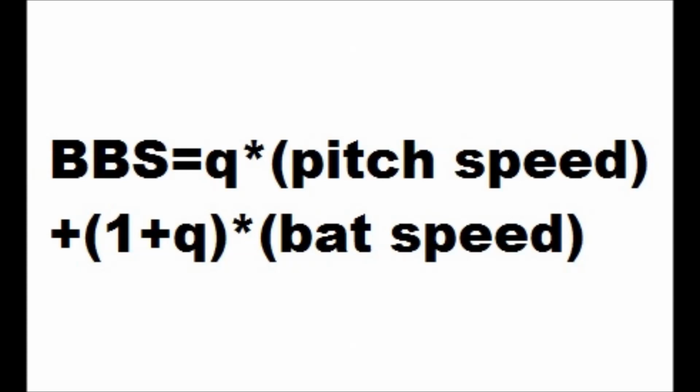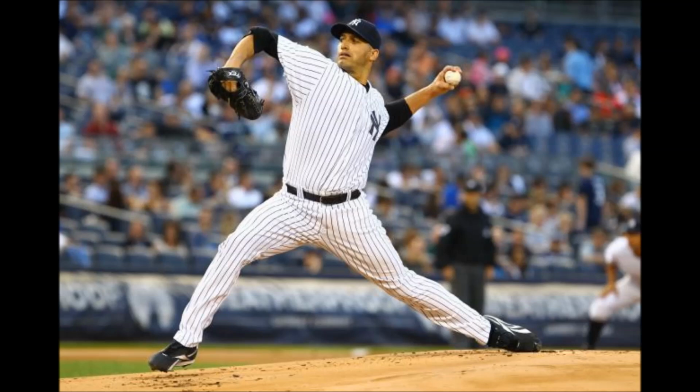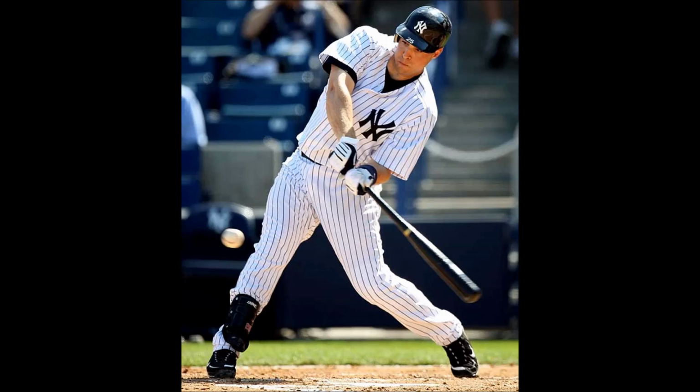An example, by plugging in numbers, is that if you increase the pitch speed by 1 mile per hour, the ball will travel 1 foot further. However, if you increase the bat speed by 1 mile per hour, it'll actually increase 6 feet. So that's a huge difference, and another interesting thing that can be seen from this formula.